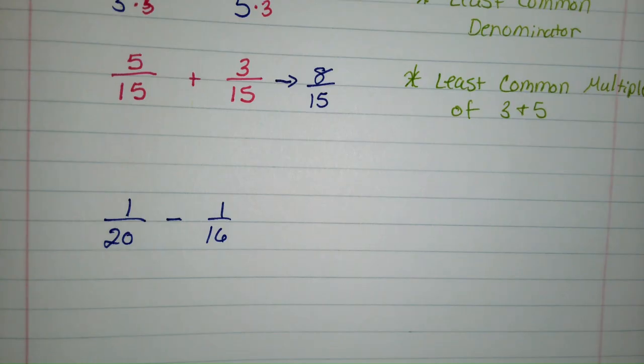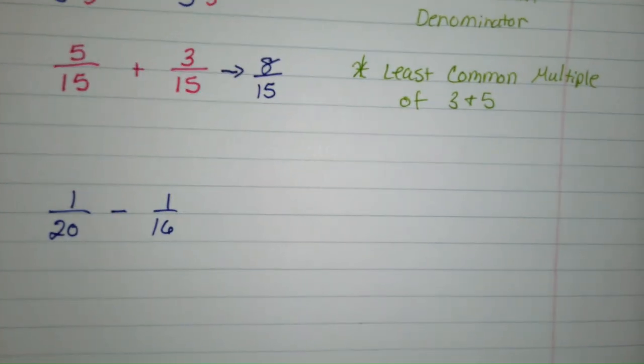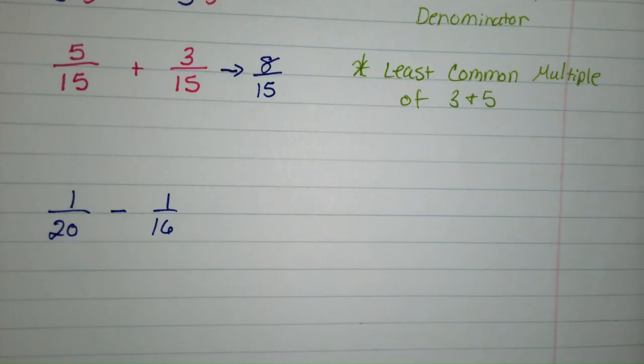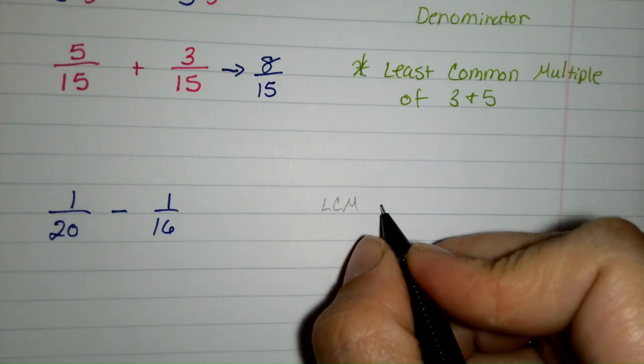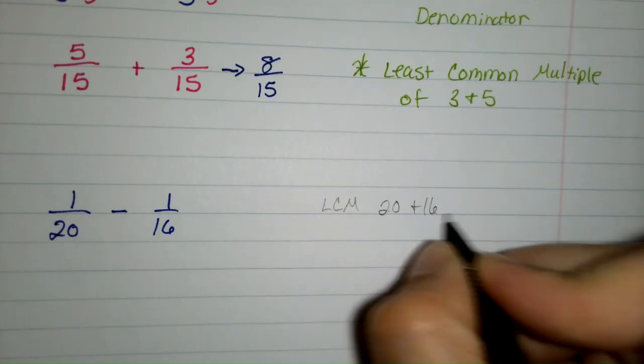With numerical factors, that's one thing, but when we get to algebraic factors, that would not be ideal. So I need to show you a way of finding your least common multiple of 20 and 16.